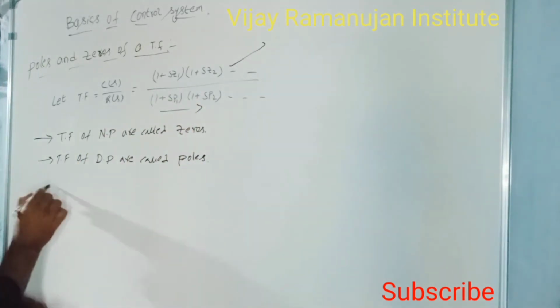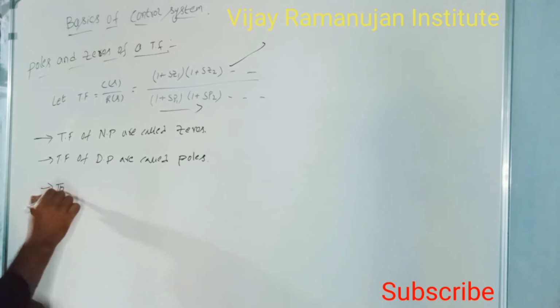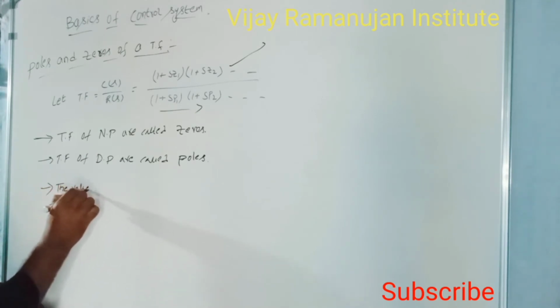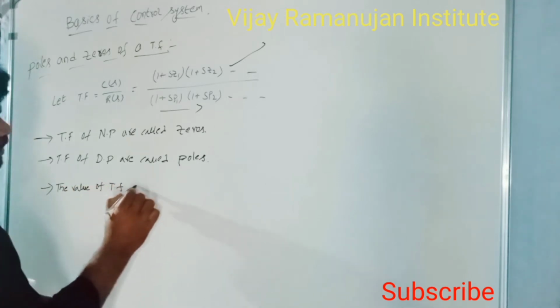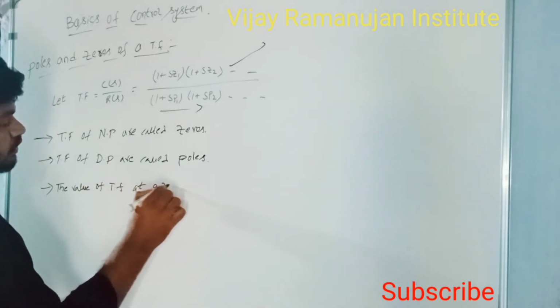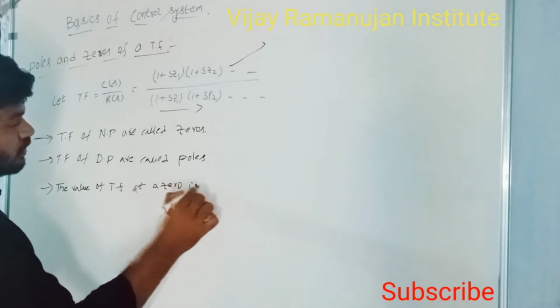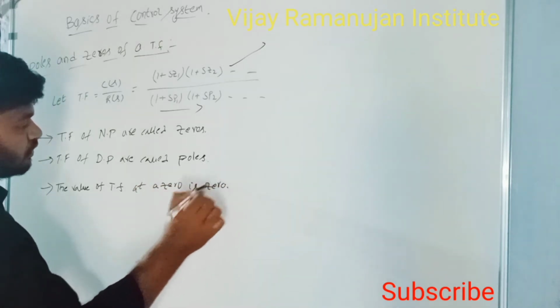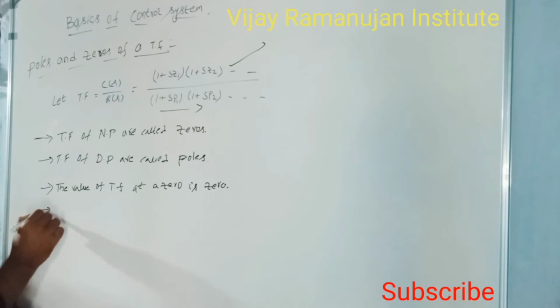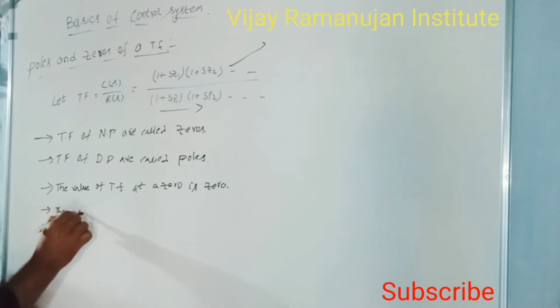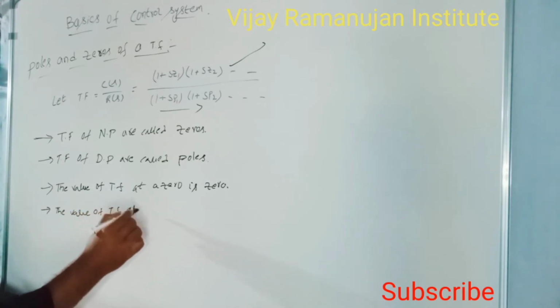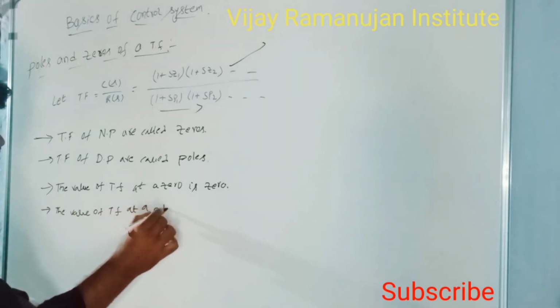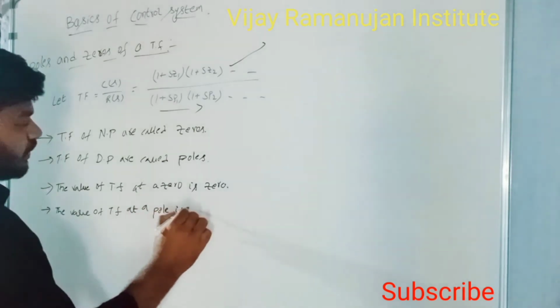Next one, the value of the transfer function at a zero is 0, and the value of the transfer function at a pole is infinite.